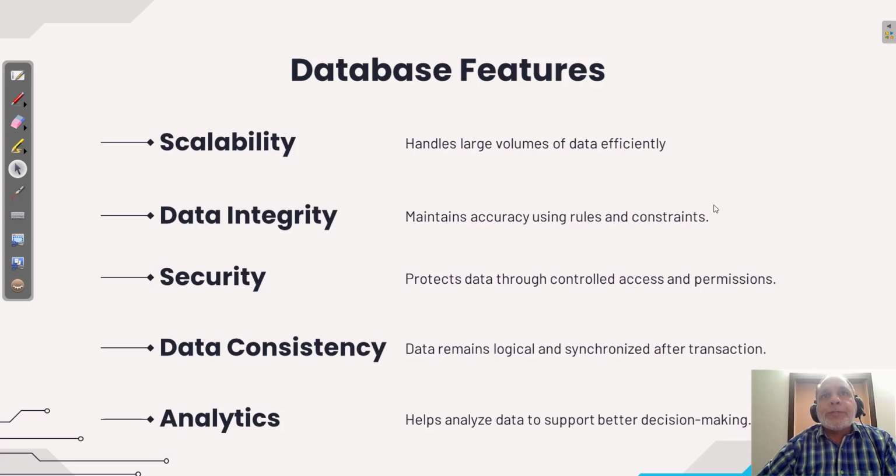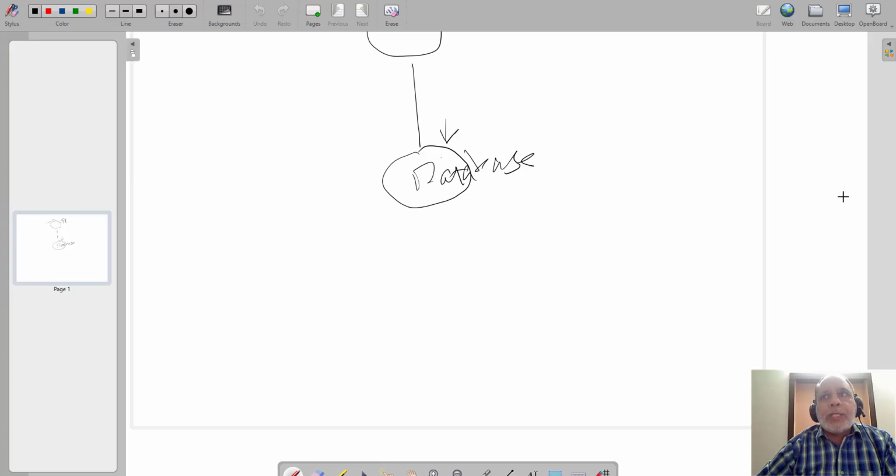Okay, database has some distinct features. First is scalability. Scalability means the database can be accessed by a large number of users.